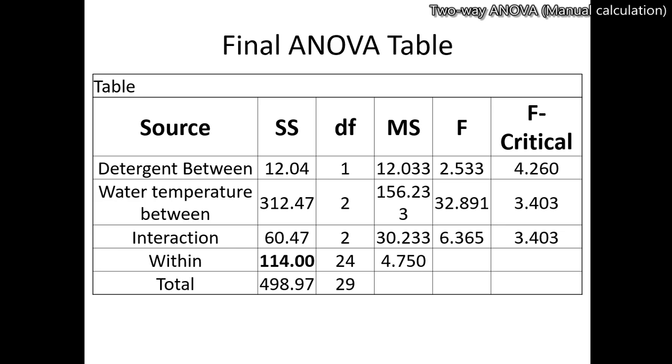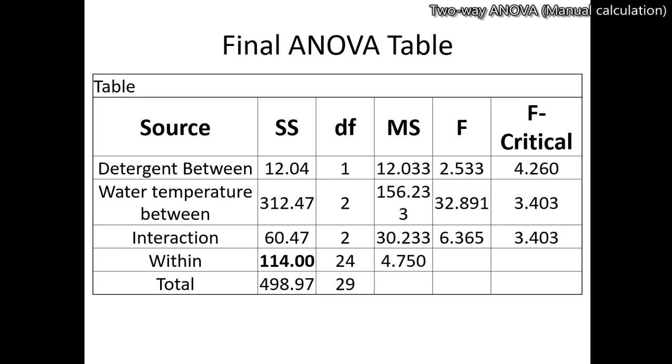The F statistic is calculated as the mean square for detergent divided by the mean square within, 12.063 divided by 4.150, and the value is 0.5 for detergent between. For water temperature between, the F statistic is 32.89. For interaction, the F statistic is 0.5.